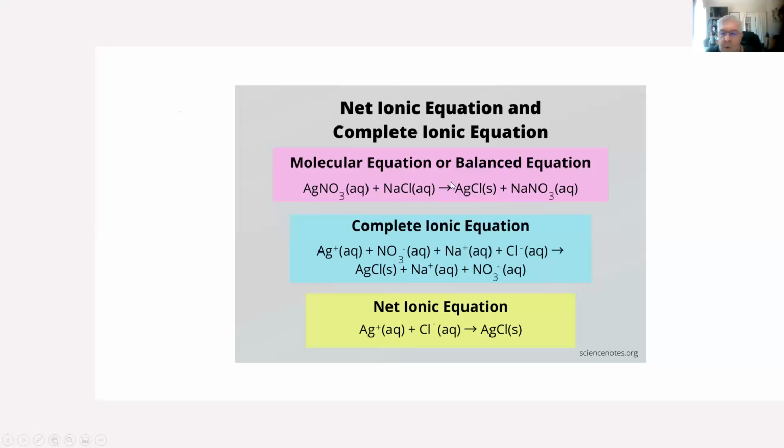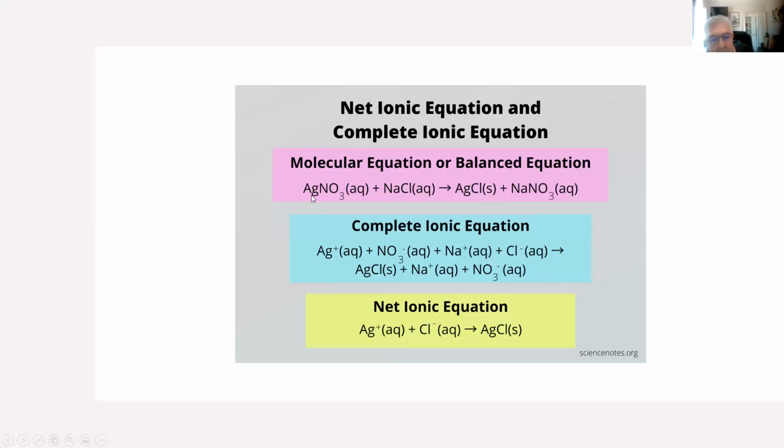One silver, one nitrate, one sodium, one chloride. So what you do is begin writing in ionic form all the species except for the one that is in the solid or gas state.